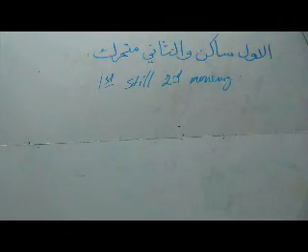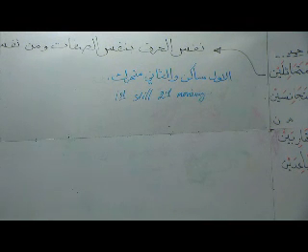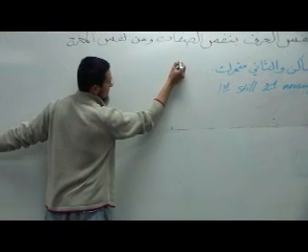Okay? First one is sakin, and the second one is moving. Here are examples in green. Examples make it best.